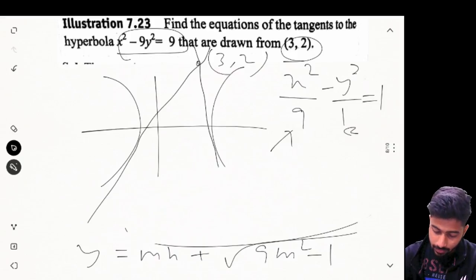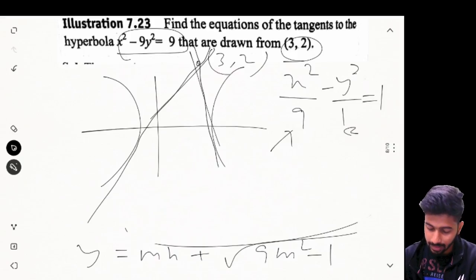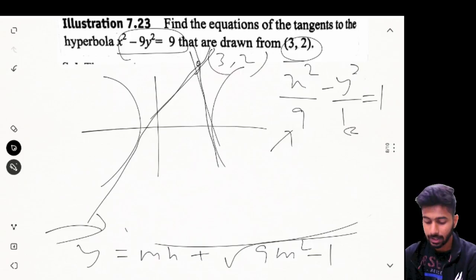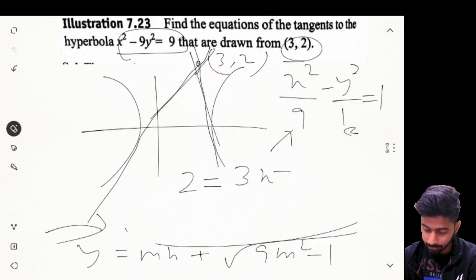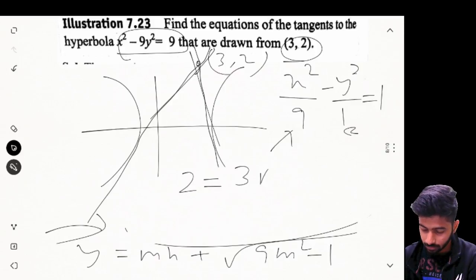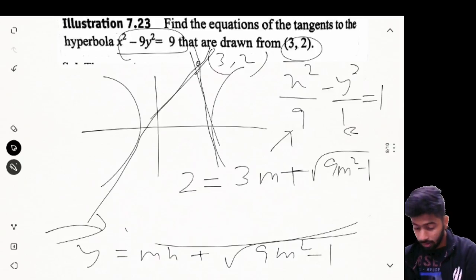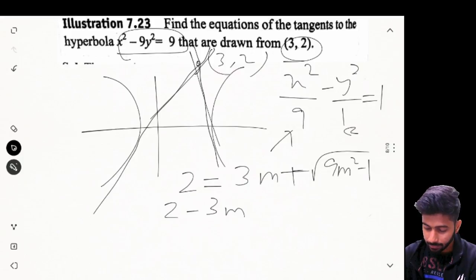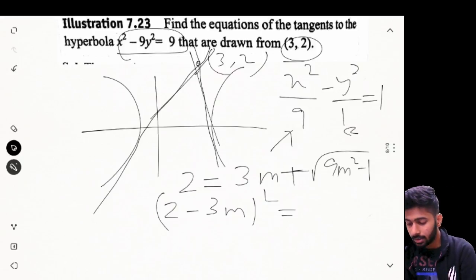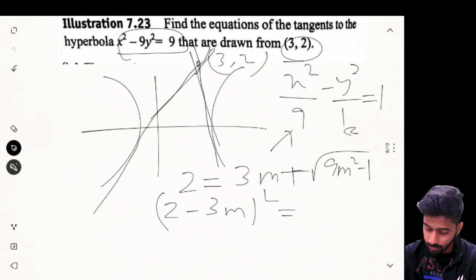Now what you know is, it can be either this tangent or this tangent. Doesn't matter. What I know is the tangent is passing through (3, 2). So (3, 2) has to satisfy this. So I can put (3, 2) here. What I'll get is 2 is equal to 3m plus under root 9m square minus 1. Right. So simplifying this, (2 minus 3m) whole square is equal to 9m square minus 1.